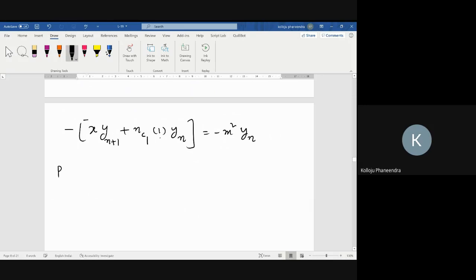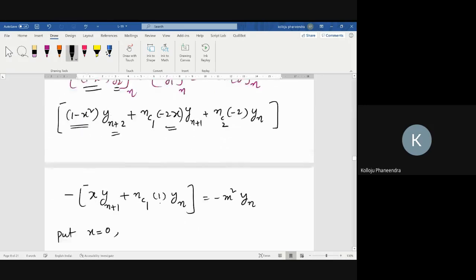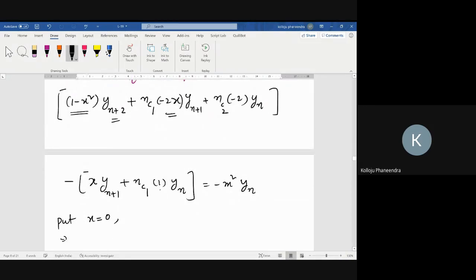Now since we are calculating all the derivatives at x equal to 0, put x equal to 0. Then what does this become? This is yn plus 2 of 0, and minus 2 will be there, nC1 n x will be there, but x value is 0 now, so this is completely 0.